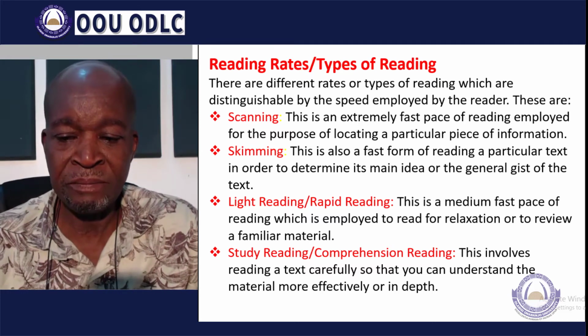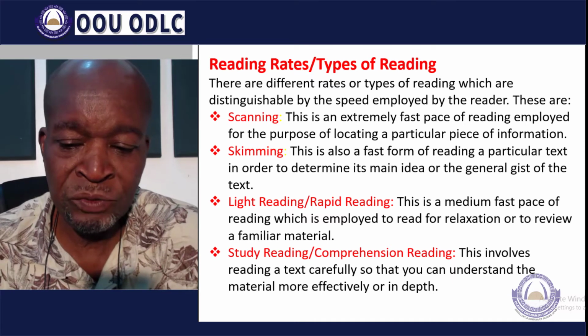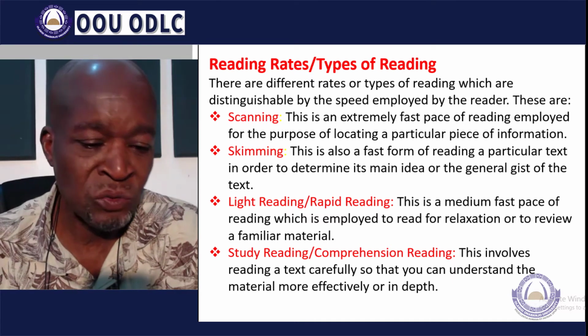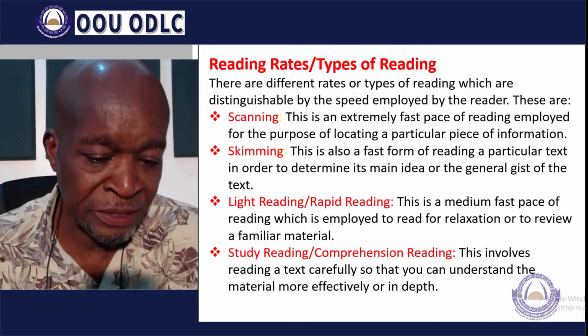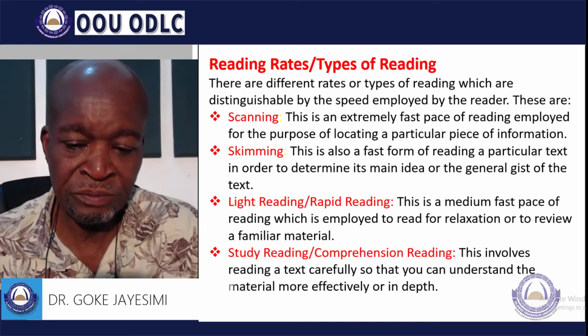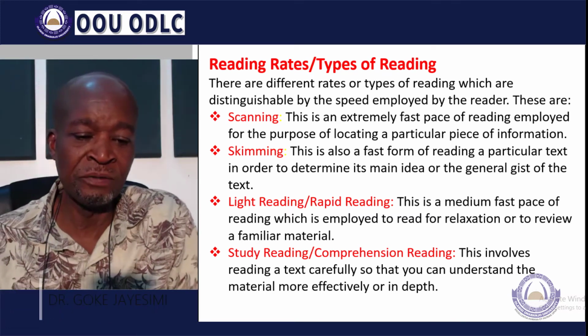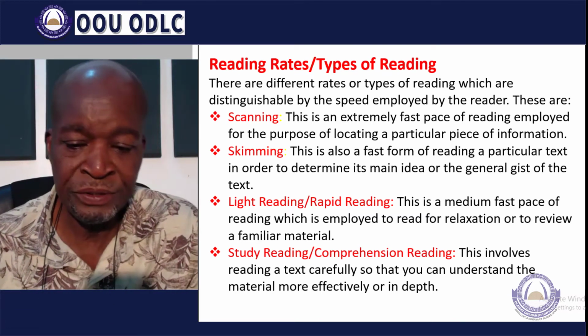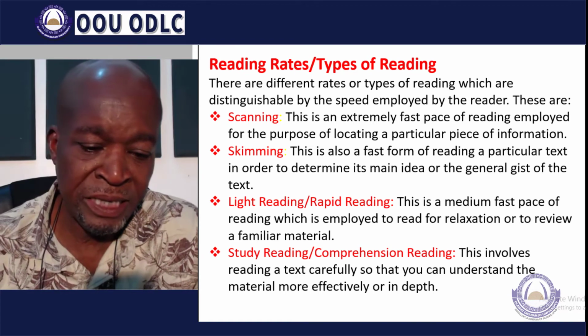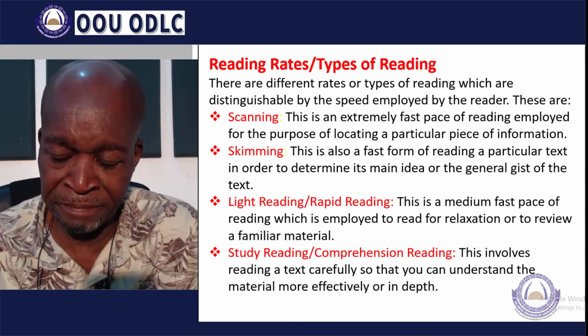This is a medium fast pace of reading which is employed to read for relaxation or to review a familiar material. 4. And we also have study reading or comprehension reading, and this involves reading a text carefully so that you can understand the material more effectively or in depth.